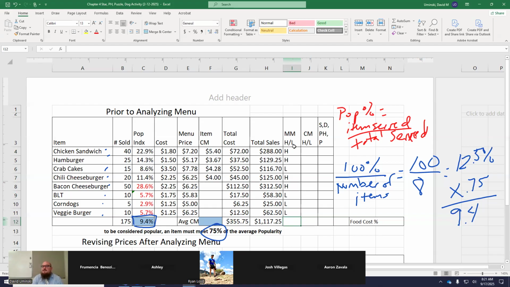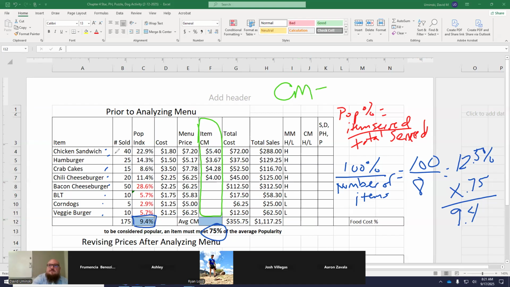So what's the second piece of our puzzle? Contribution margin. And how do we find this contribution margin right here? How did I get $5.40? You have to take your menu price and subtract your cost.